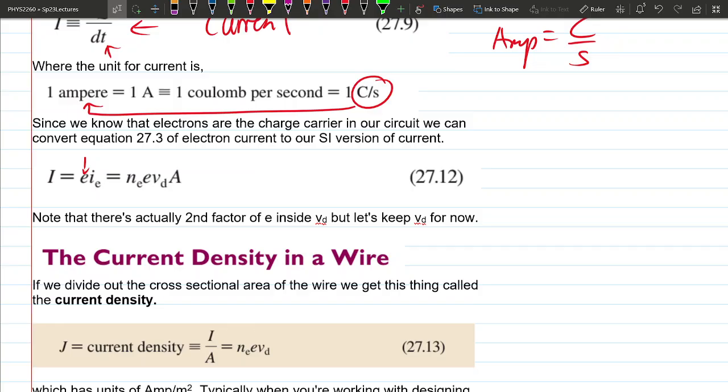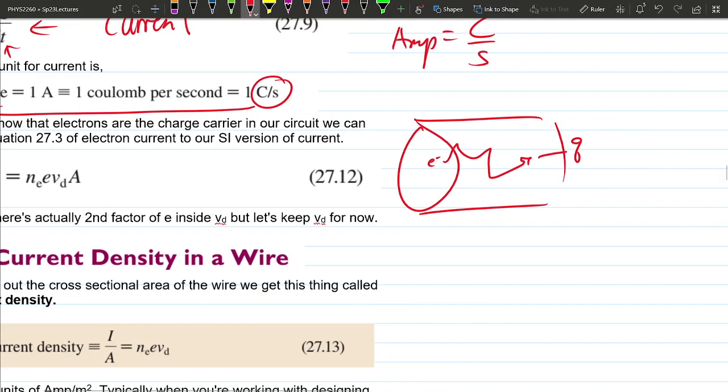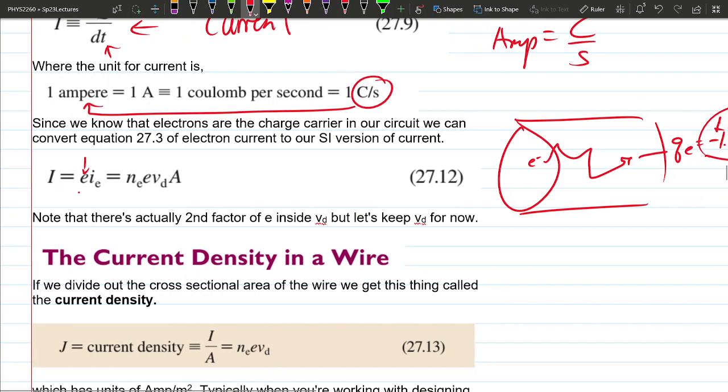Because let's say I have 1 electron that's bouncing around. This is carrying 1 charge of an electron, 1 times 10 to the negative 19 with a negative sign. That's how many coulombs of charge will be carried across that metal conductor if it moves across. So if we multiply by the charge of the electron, this E is not 2.718. This signifies the charge of the electron.